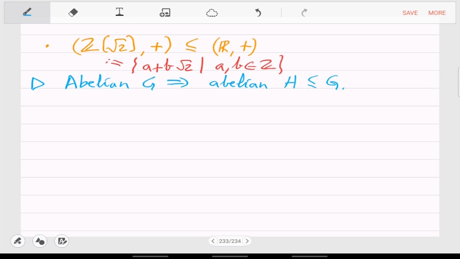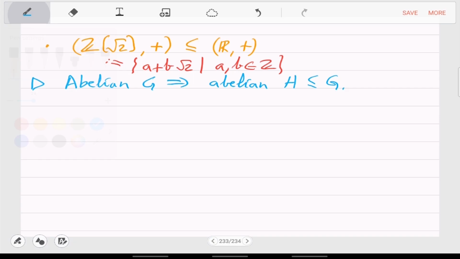What about the converse of this? So what can you say about non-abelian groups? So non-abelian groups, the subgroups can be abelian or they can be non-abelian, anything is possible.